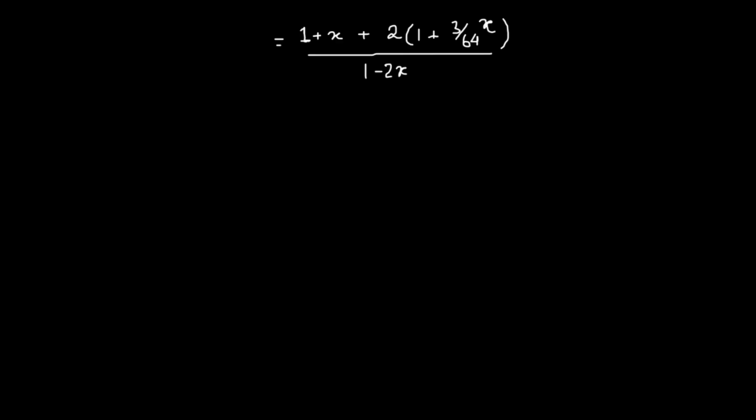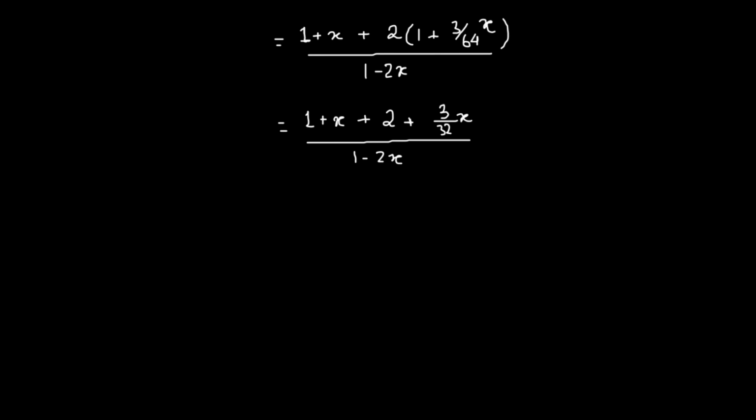Further simplification, we get 1 + x plus, now we're going to distribute 2, so we get (2 + 3/32 x) divided by 1 - 2x.